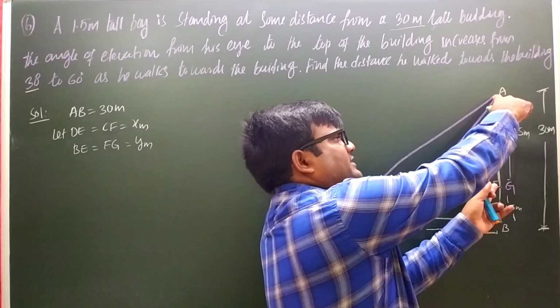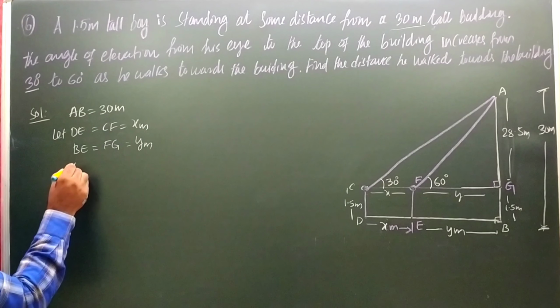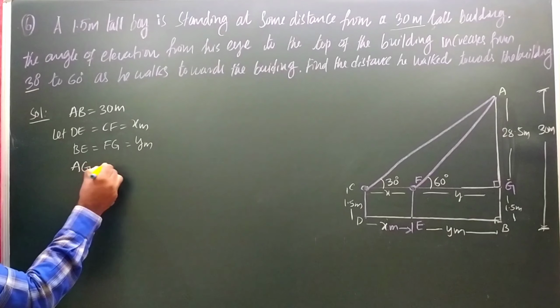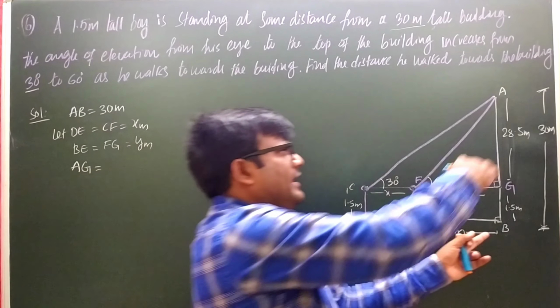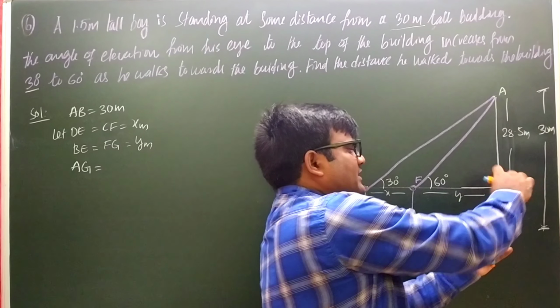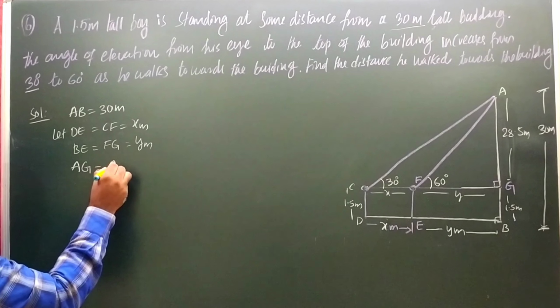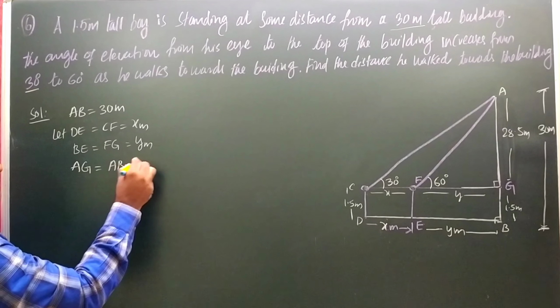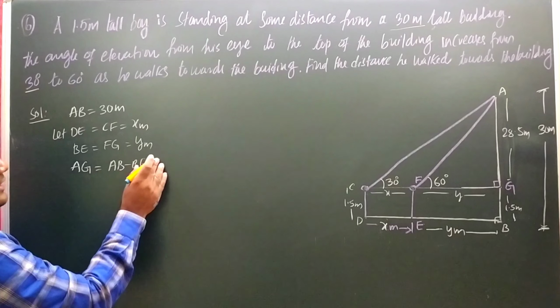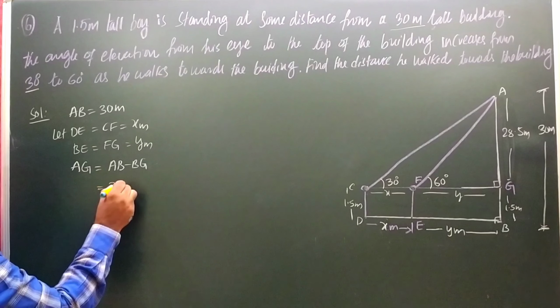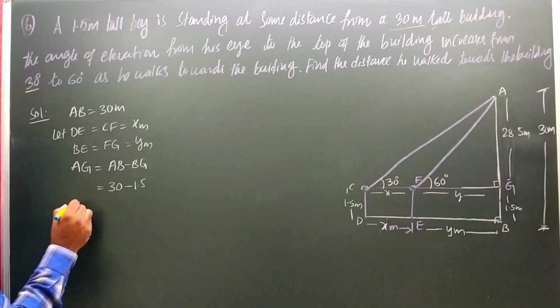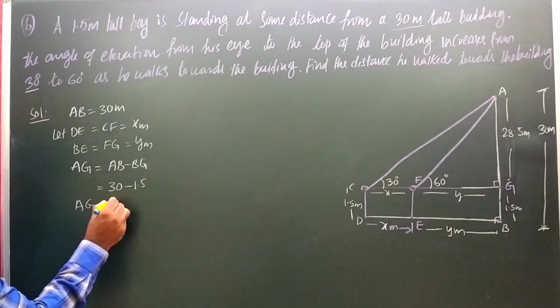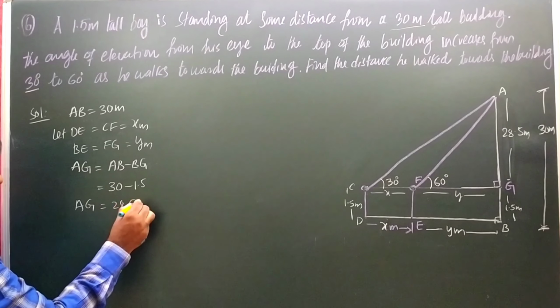Now the length of AG is the total length AB minus BG, that is 30 minus 1.5. So the length of AG is equal to 28.5 meters.